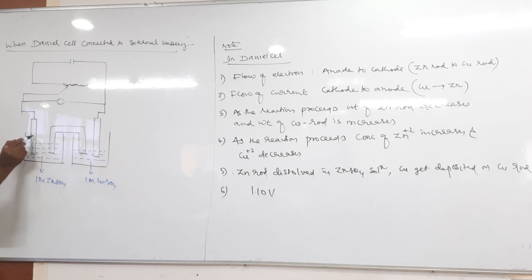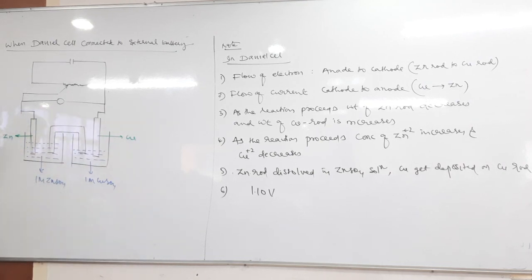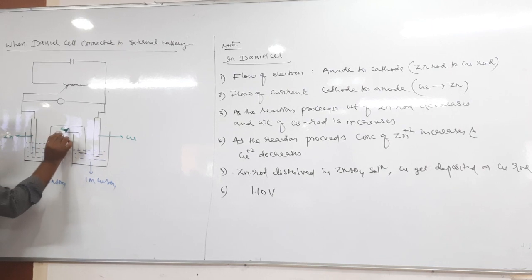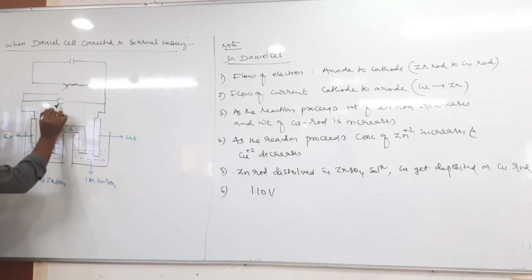Then this is the zinc rod and it is the copper rod, and it is a salt bridge, that is also the same salt bridge, and this is the voltmeter.